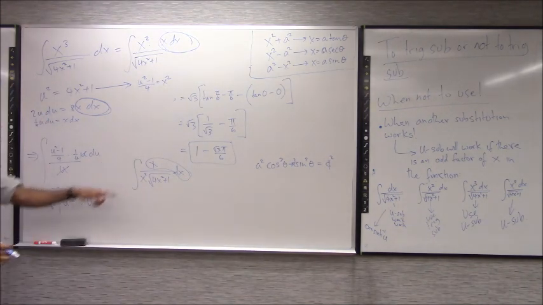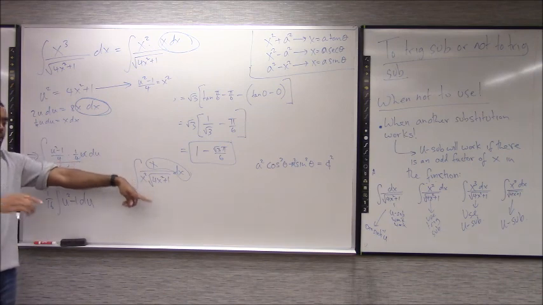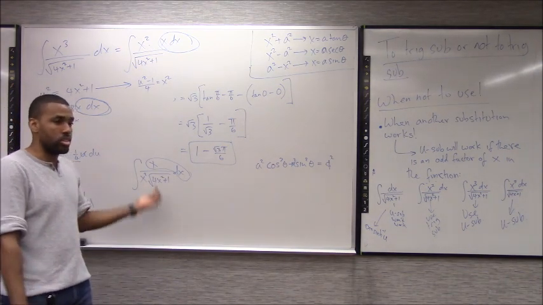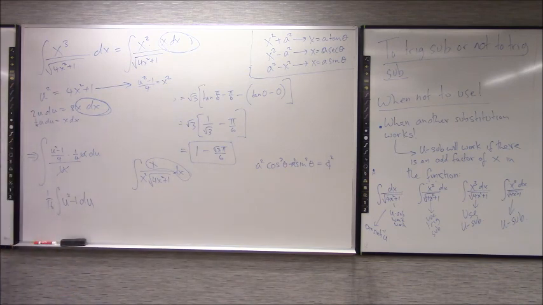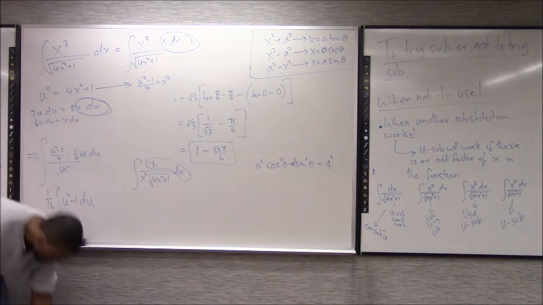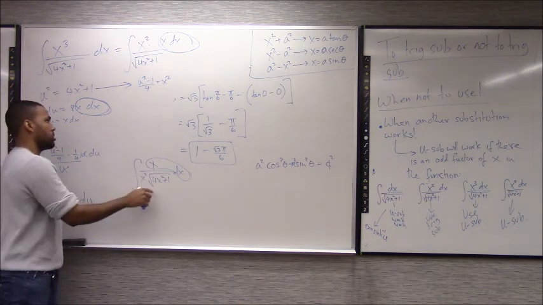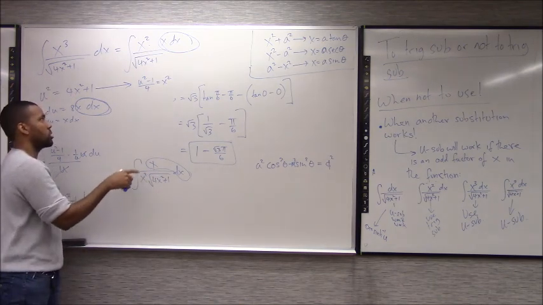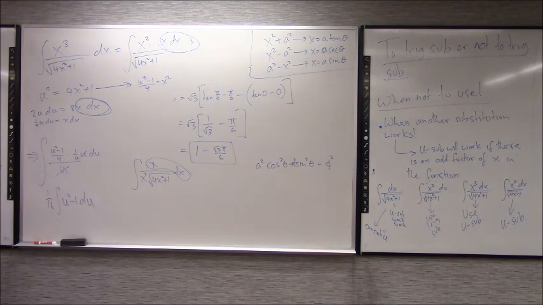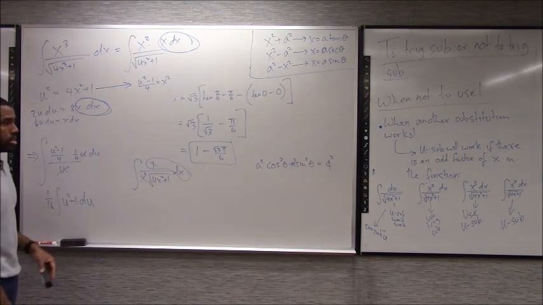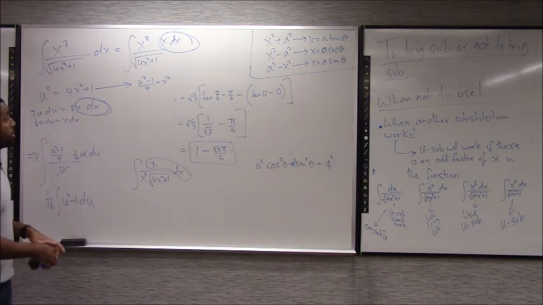But in this case, you'd actually need another technique that is in the next section. In fact, you'll need partial fractions to complete. You would cancel. You'd have 1 over u squared minus 1. You'd need another technique. So you could actually use a hyperbolic there, or you could use the next technique, which is partial fractions.